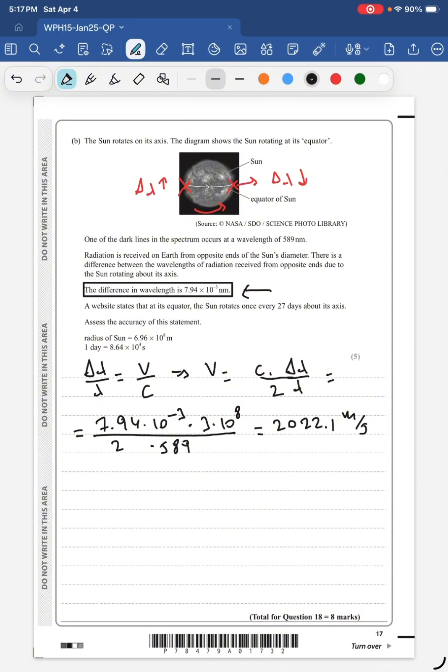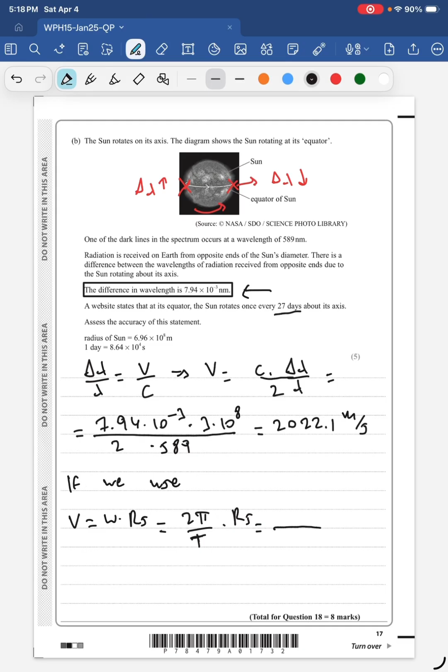But if we use v equals omega times the radius of the sun, and they give us the period, which is 27 days, we will find that v is 2 pi over the period times the radius of the sun.